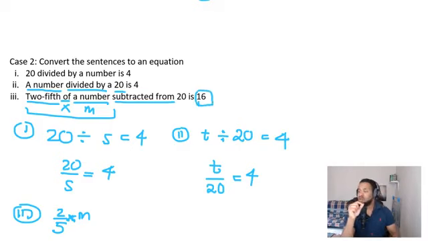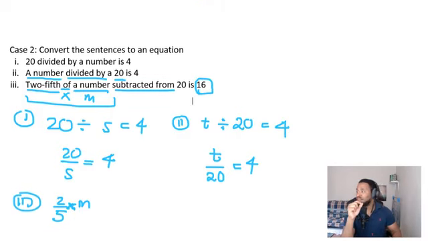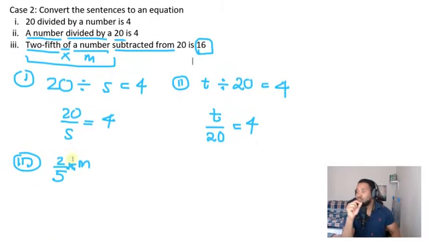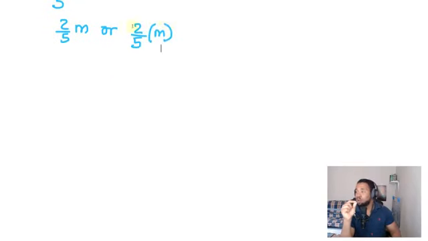So in this case here, we need to then realize that in terms of rewriting this, 2/5 of a number can also be written as 2 over 5m, or you can write this as 2 over 5, because it's multiplication, bracket m. Take note that this is less than 20, so therefore in this case subtracted from 20 means that this whole expression here will be taken away from 20.